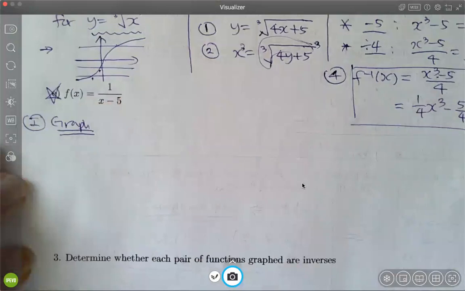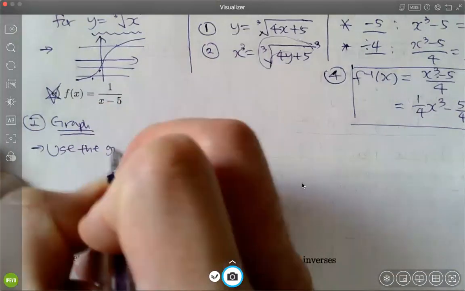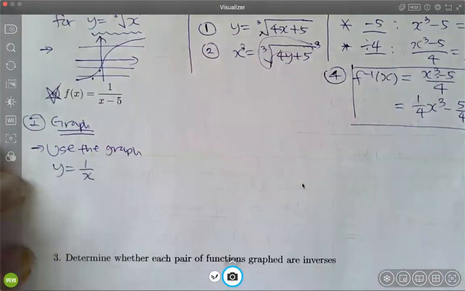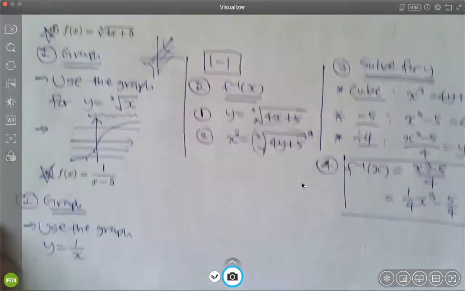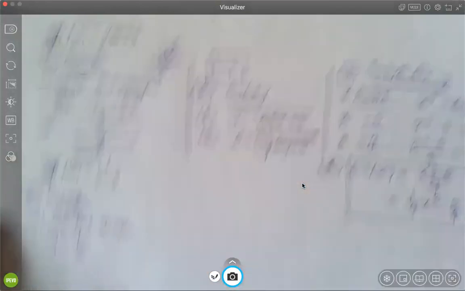Yes, and it's similar with what? 1 over x, right? Okay, and how does its graph look like? What I said before. This one, right? Yes. So the graph looks like this.